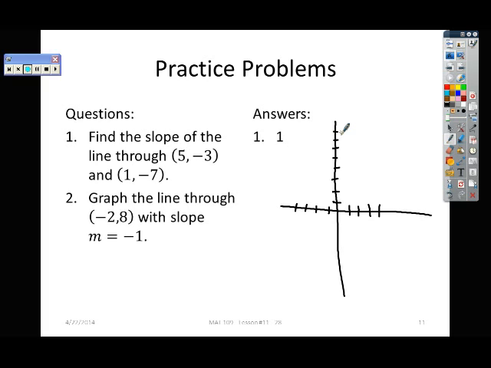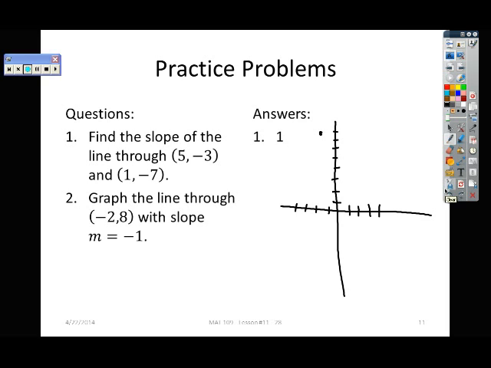Where's that point? So where would that be on here? First number is the X. That's minus 2, 8. I don't want to label it there. Label it here. Actually, that's the wrong place to label it also. Let me just leave it unlabeled.